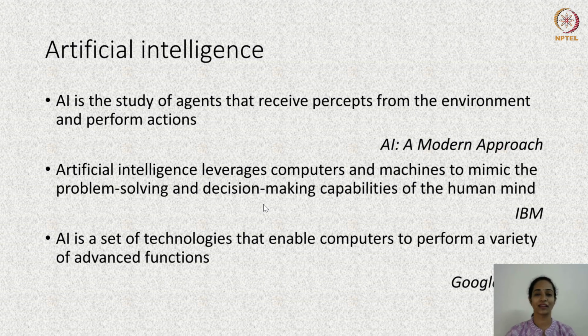To summarize, artificial intelligence is a set of technologies that enables computers to perform a variety of advanced functions that would normally be capable only by the human mind. Now, to make this happen, artificial intelligence brings together information from a variety of disciplines. This includes computer science, data analytics, statistics, engineering, and also linguistics.